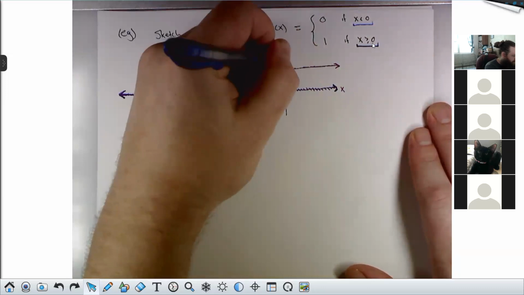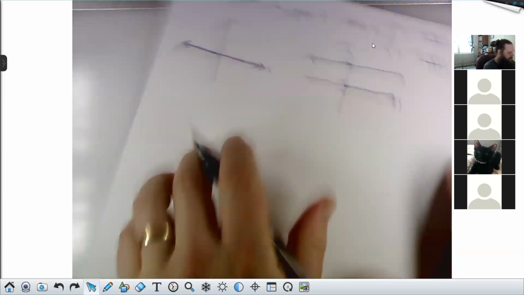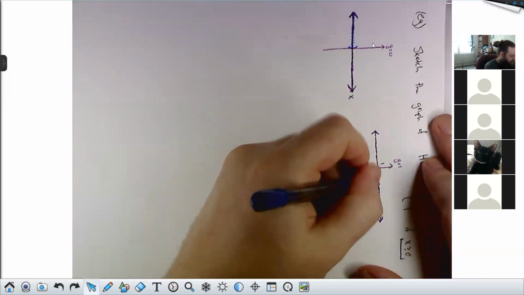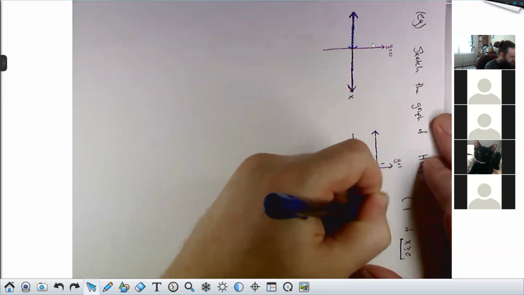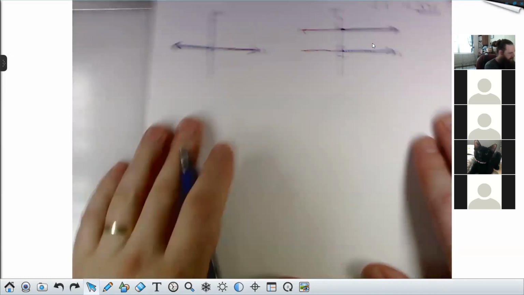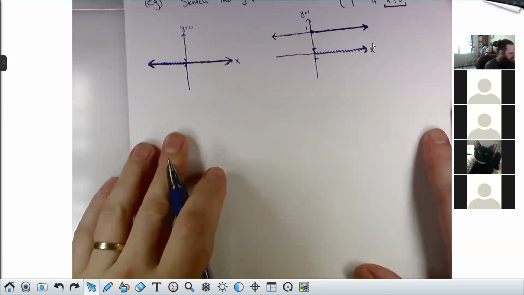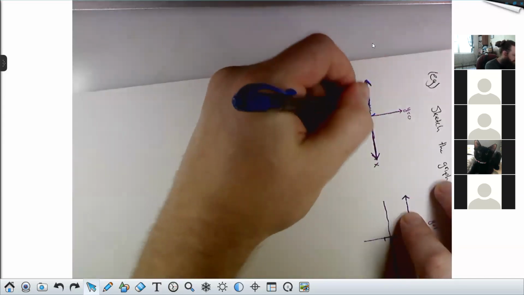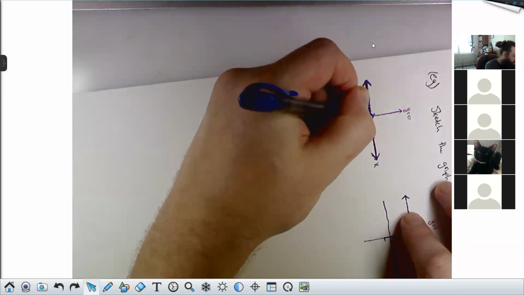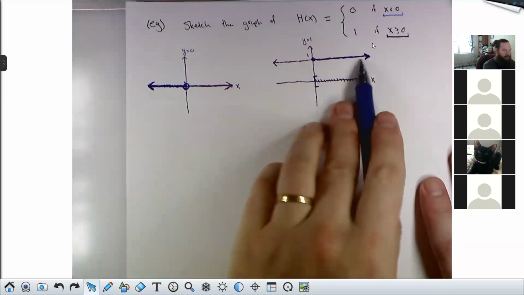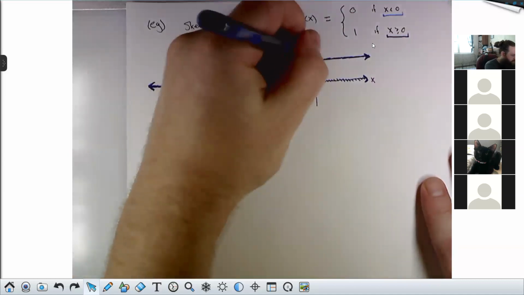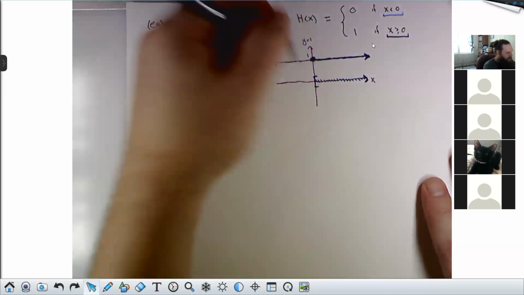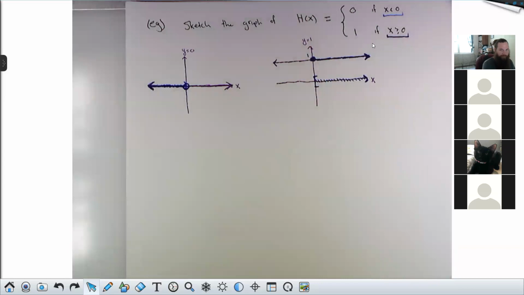So in other words, I'm looking at this portion. And then like we did before, I'm just going to overlay them. I'm going to take this part of the first graph, an open circle here, and this part of the second graph with a filled in circle here, and I just set them on top of each other.